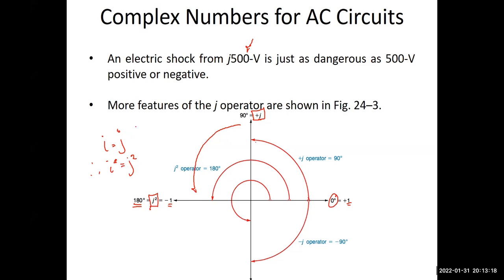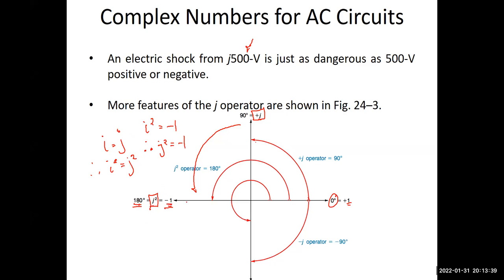And we all know that I square is equal to negative 1. So therefore, J square is also equal to negative 1. So kaya 180 degrees is equal to J square is equal to negative 1.